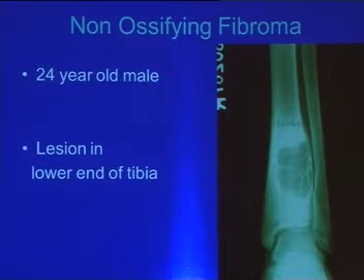Coming to non-ossifying fibroma, because this is another lesion which can have a lot of giant cells, and non-ossifying fibromas are usually eccentric lytic lesions with a lobulated medullary end, not at all an uncommon lesion in general practice.